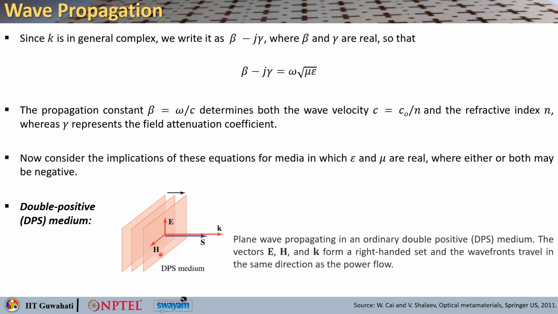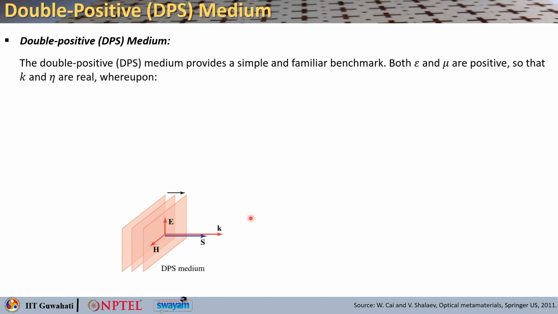So, what you can understand from here, these are basically the phase fronts of the plane wave. So, it looks like this, okay, and you can also see that E, H and K are basically forming a right handed set, and the wave front basically travels in the same direction as the power flow. So, that is your double positive medium, okay.